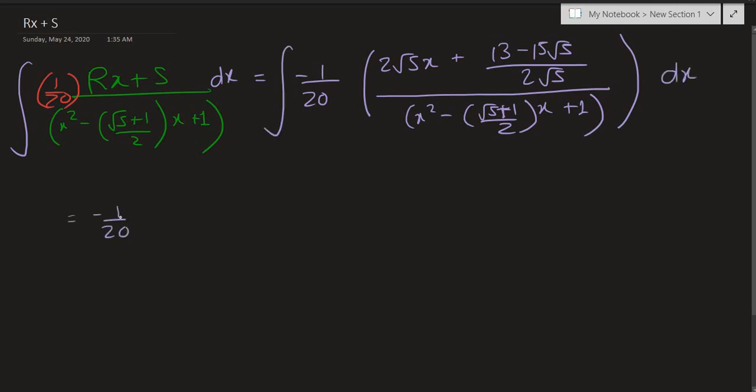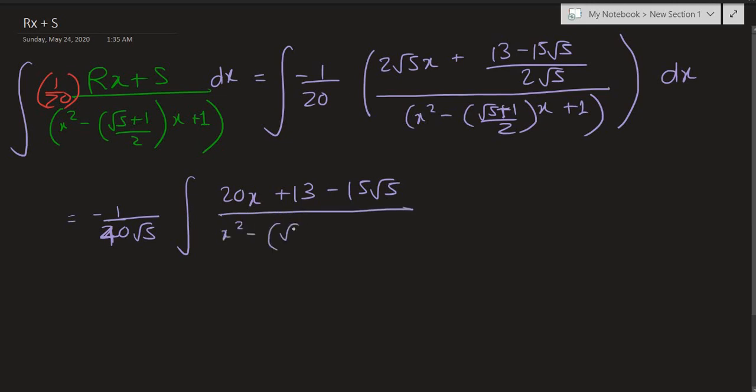So we have negative 1 by 20 and, well, cross multiplication again. So we have 2 root 5 coming out, so 40 root 5 times the integral, this is going to be 2 squared, which is 4 times 5, which is 20x plus 13 minus 15 root 5 divided by x squared minus root 5 plus 1 divided by 2x plus 1 dx.